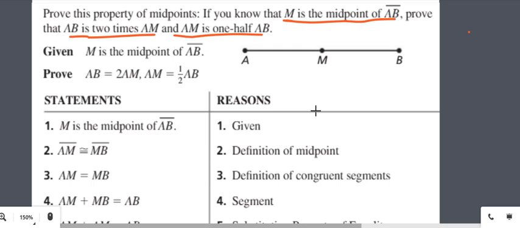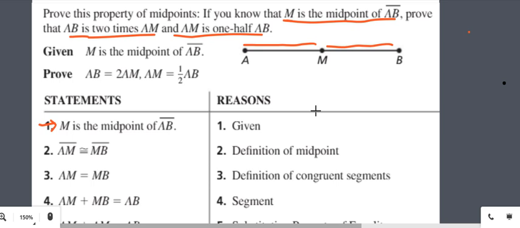Though this is a very common thing in terms of the midpoint, we have to prove it. Initially we are given that M is the midpoint. If M is the midpoint, that means the segments AM and MB are congruent, by using the definition of midpoint.